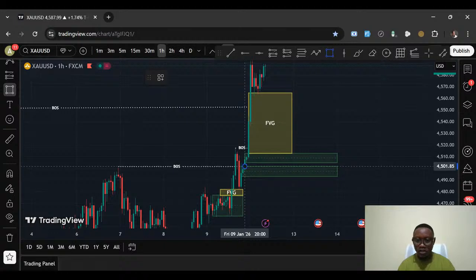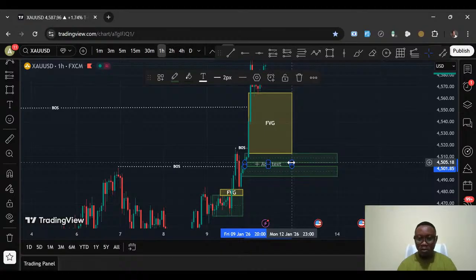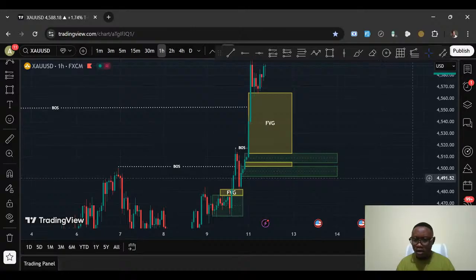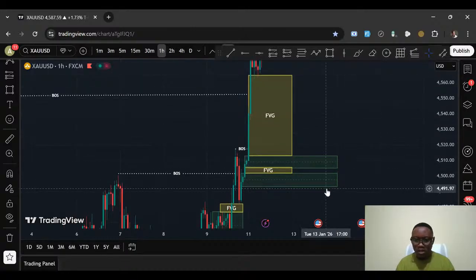This is the FVG, the gap between the previous candle before the momentum candle and the candle after the momentum candle. That is our FVG. So yes, there is a presence of FVG, making this zone a valid order block zone.